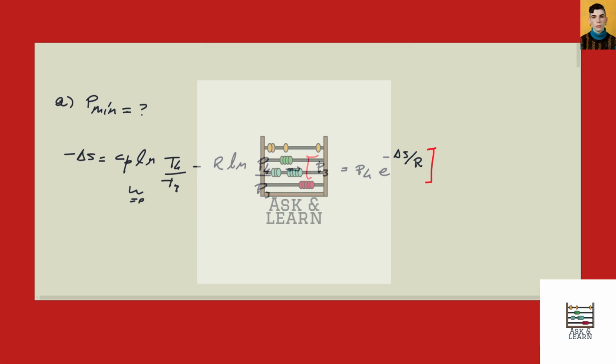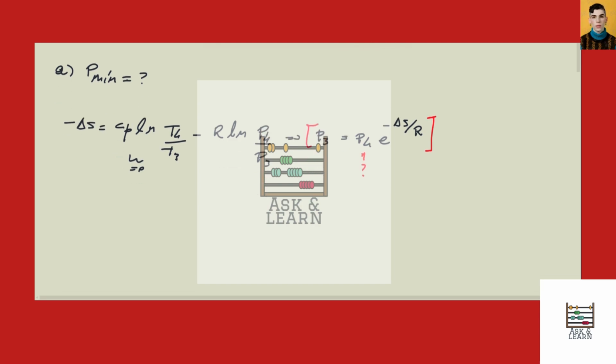But the problem here is we do not have the pressure 4. Okay? So since we do not have the pressure 4, we need to find a way to find this pressure, so then we can find the minimum pressure. Well, how are we going to find this?